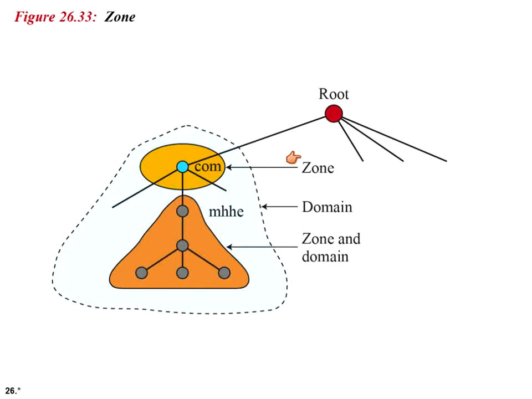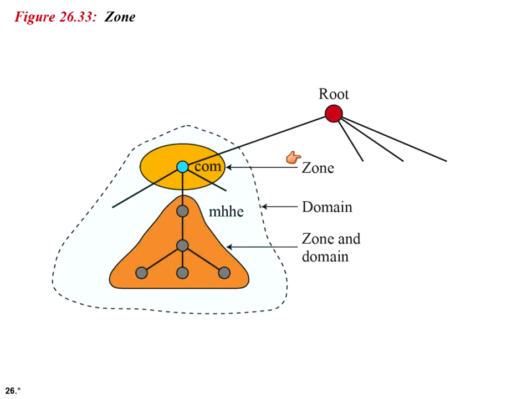The server makes a database called a zone file, and it keeps all the information for every node under that domain. If a server divides its domain into subdomains and delegates part of its authority to other servers, then domain and zone refer to different things.